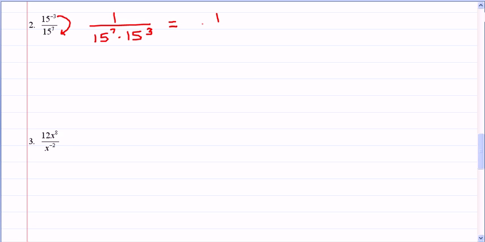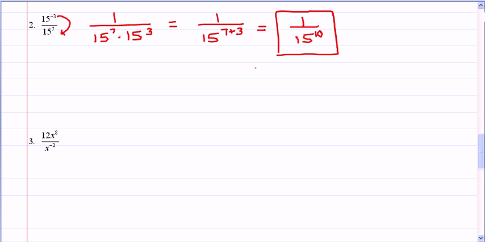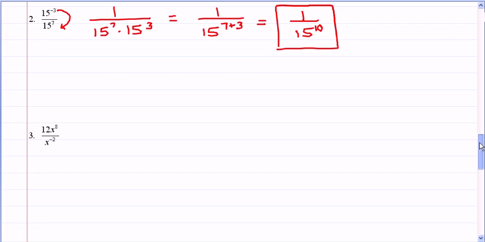And now I'm multiplying the terms together. So the rule is to add the powers, and I get 1 over 15 to the 10th. So since this number is very large, I'm just going to leave this as 15 to the 10th, rather than expand out 15 times itself 10 times.